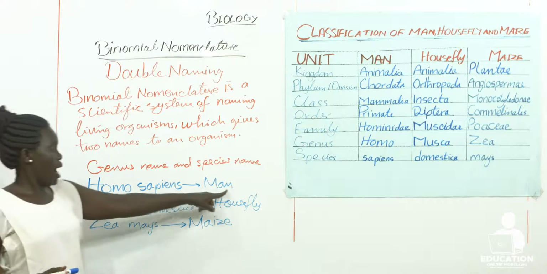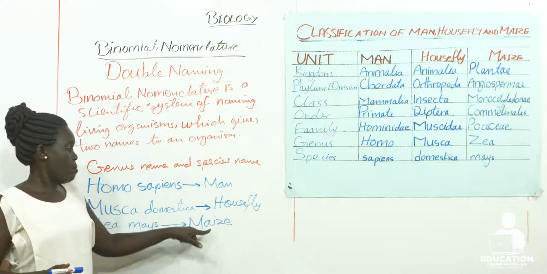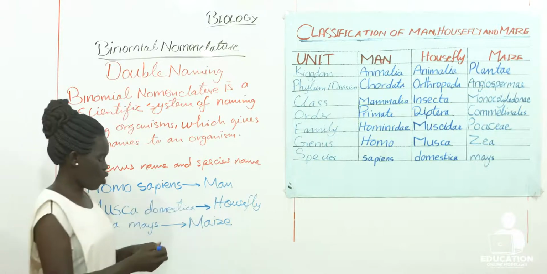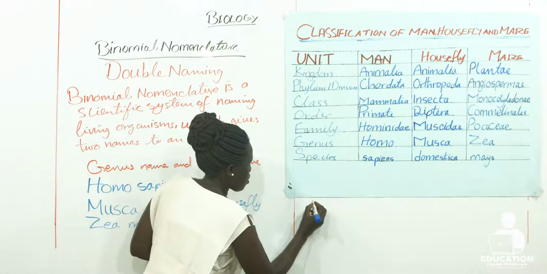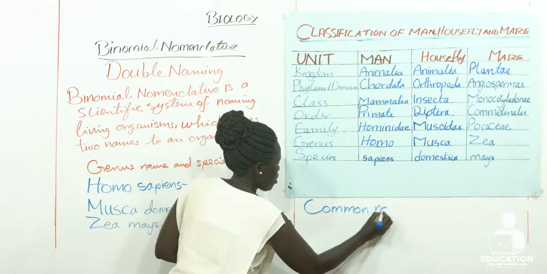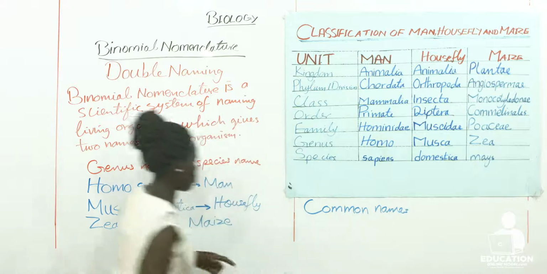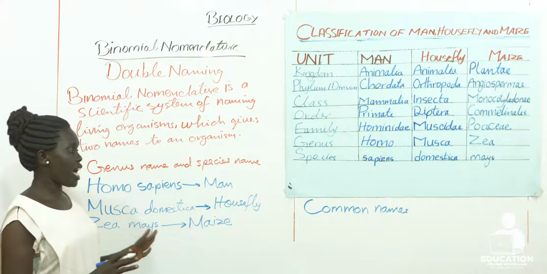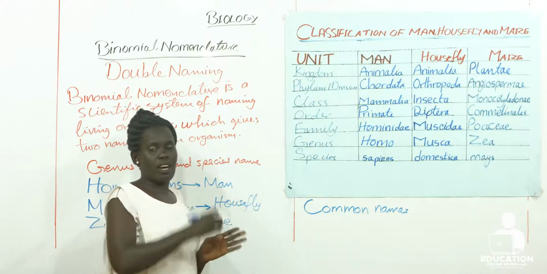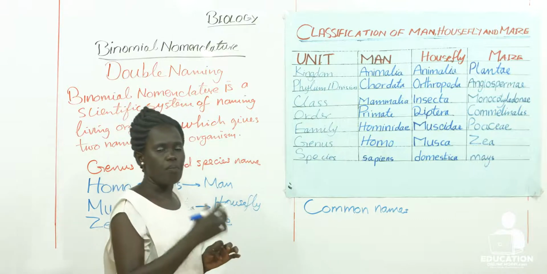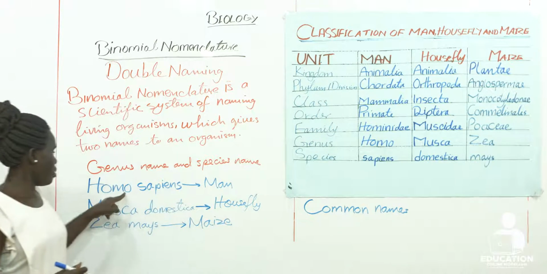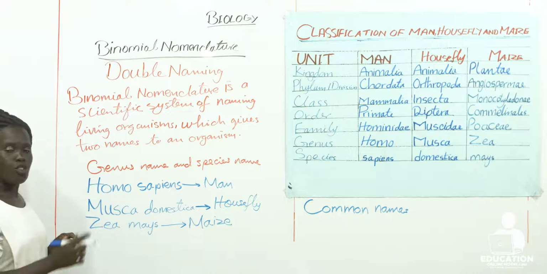So when we say man, housefly, maize, these are common names. Common names differ from place to place, from tribe to tribe, from nation to nation. But scientific names are used all over the world.